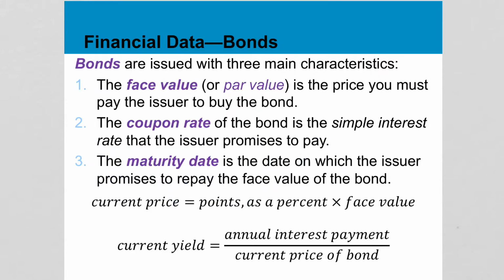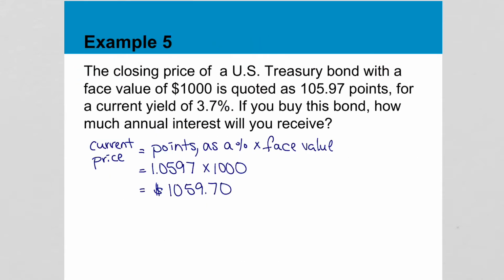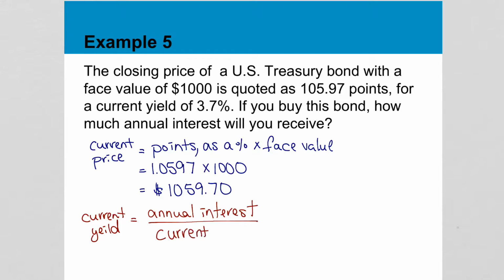It said the current yield is the annual interest divided by the current price. We want to find the annual interest.